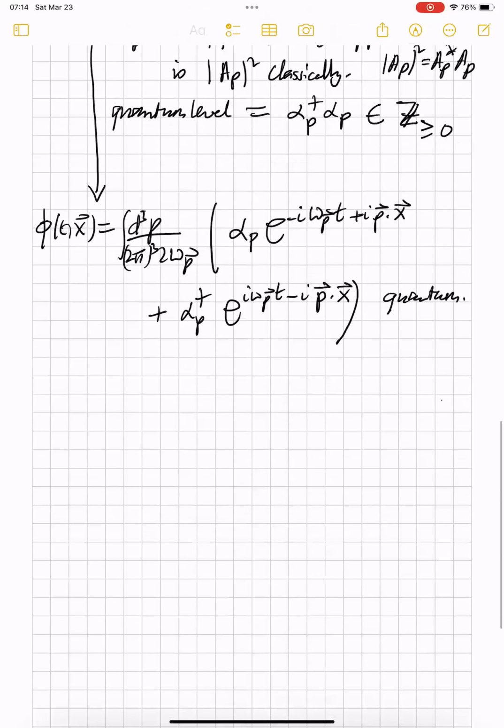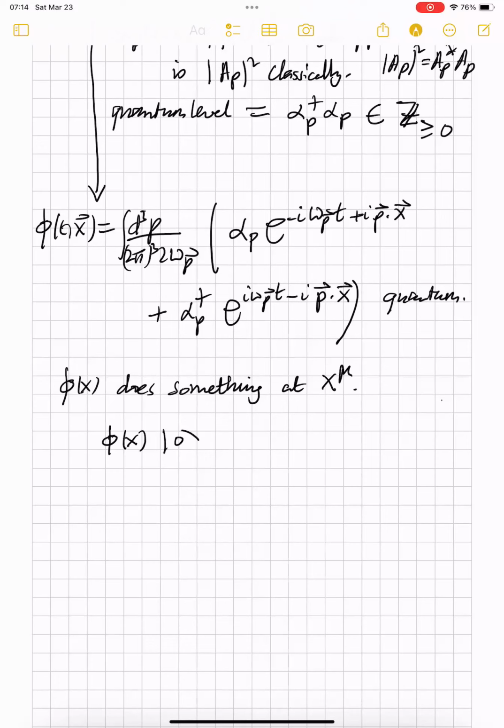Good. Next, let's try to start interpreting what our field actually does. Phi of x does something. It's a local field. We know that because it commutes with itself at space-like separations. So it does something at the point x mu. We want to figure out what it will do. Well, we can take phi of x and act on the vacuum. Remember, the vacuum is the state with no particles in it.